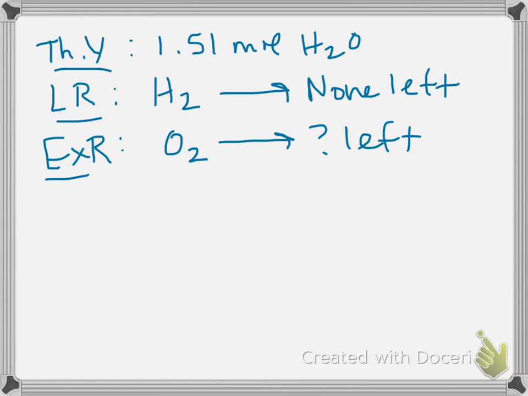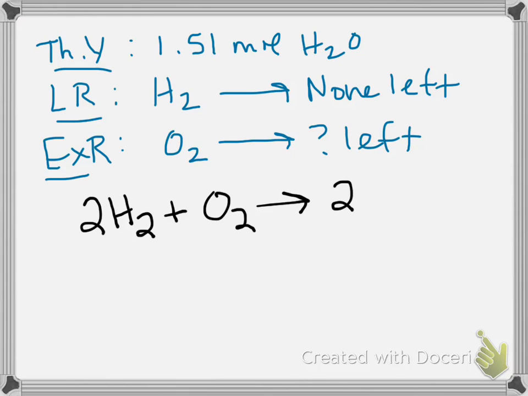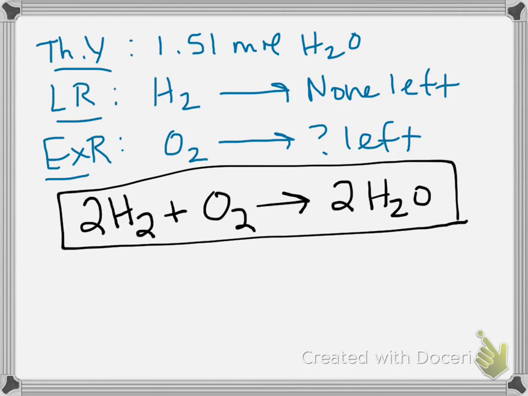So let me remind you of what the balanced chemical equation is real quick. The balanced equation is for every 2 moles of hydrogen and 1 mole of oxygen, we make 2 moles of water. Okay? So now I'm going to reverse the stoichiometry. If I make 1.51 moles of water, how many moles of oxygen were consumed?